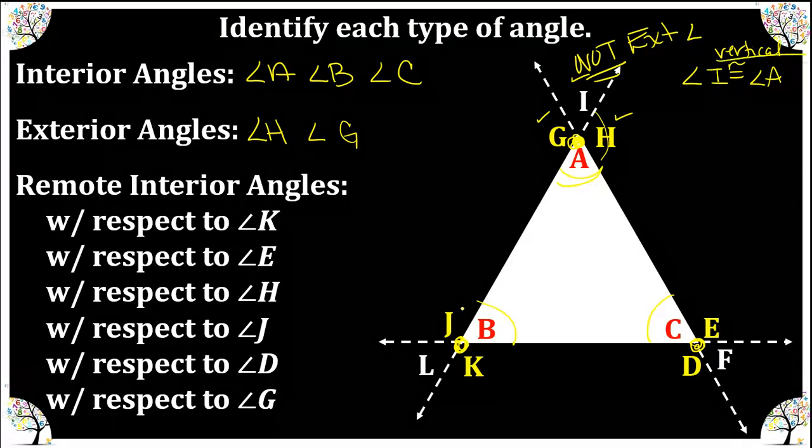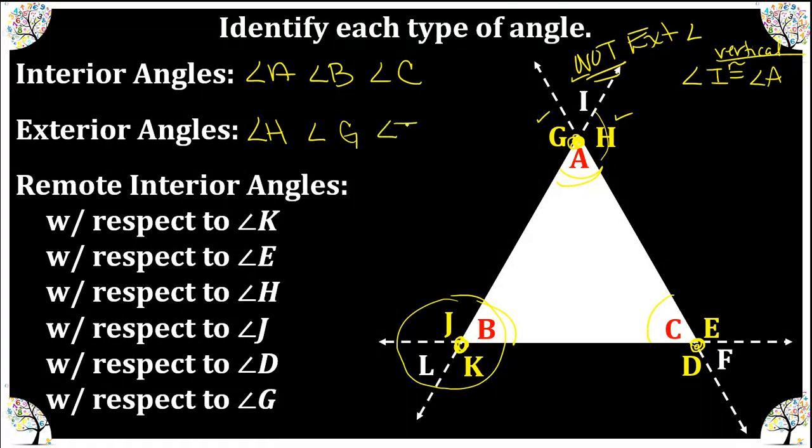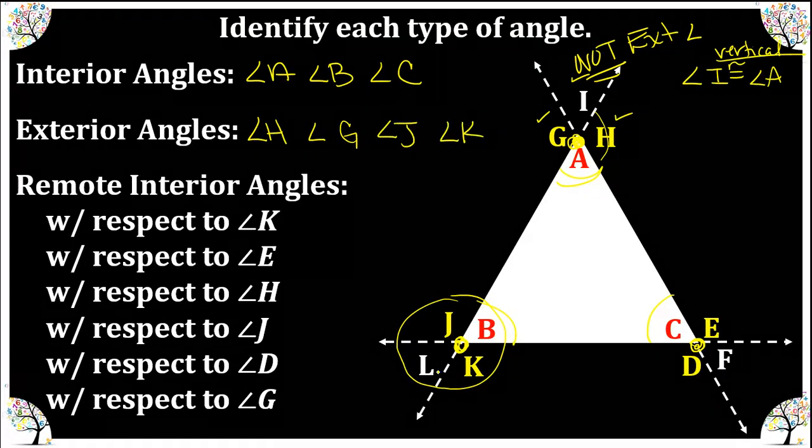Now let's take a look at the set at this vertex. We can see that J and K are the exterior angles, and L is just vertical, therefore congruent to angle B. And let's look at the third set of angles.